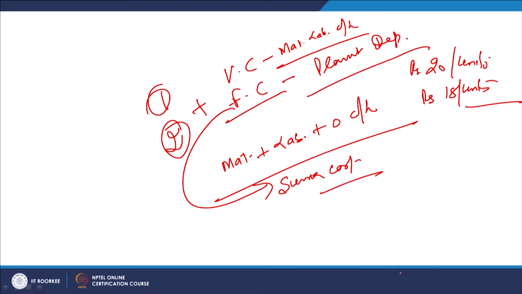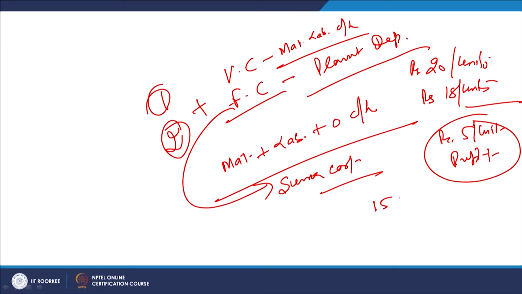So in the 20 rupees we had a profit of 5 rupees per unit. It means our cost of production was 15 rupees plus a profit of 5 rupees, so the total price was 20 rupees per unit.